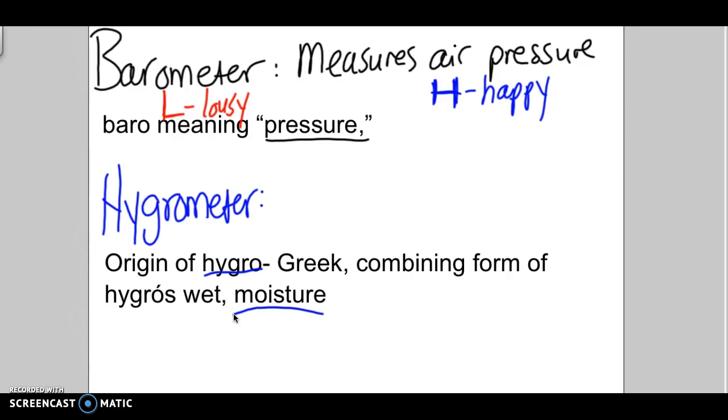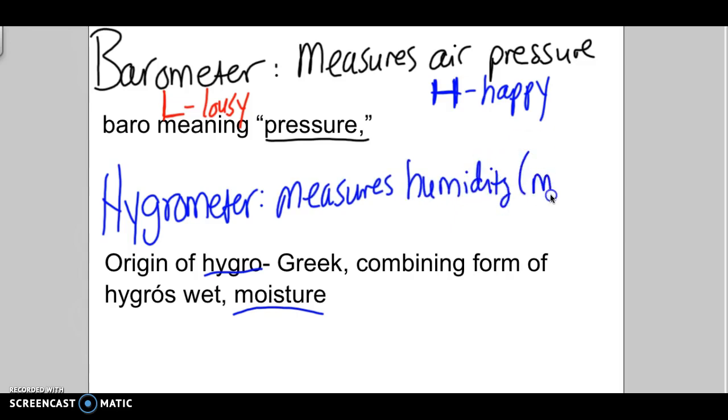What do you think a hygrometer is measuring? If I'm measuring something about moisture in atmosphere, Zachary. Humidity. Measures humidity. And humidity, easily and shortly defined, is moisture in the air.